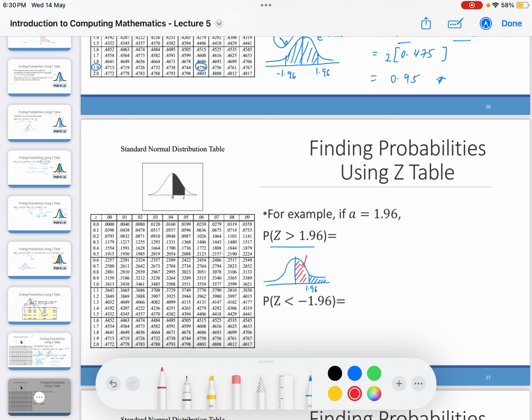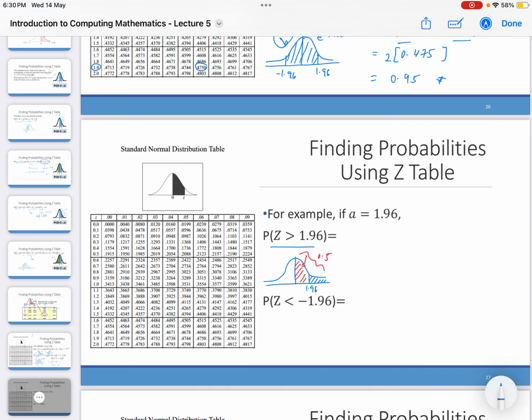And then we know the total on the right side here is 0.5. So that's why for this one, the probability here is equals to 0.5 minus probability of z from 0 to 1.96. And then this one we can get from the table.